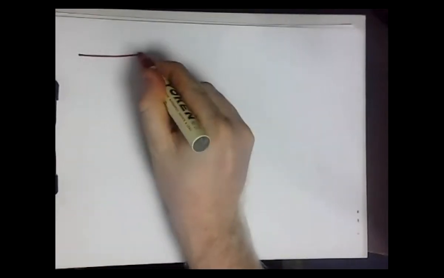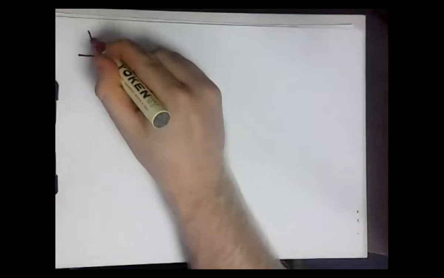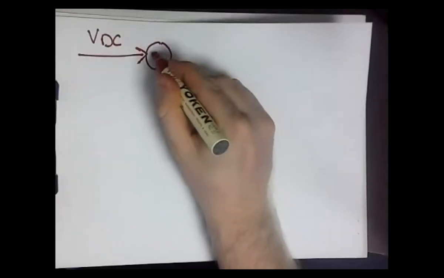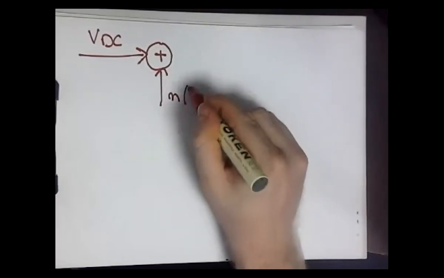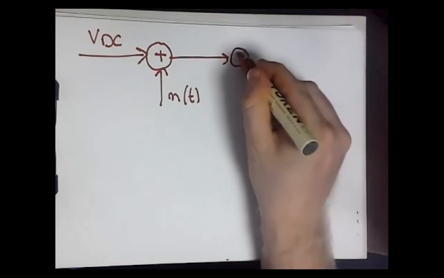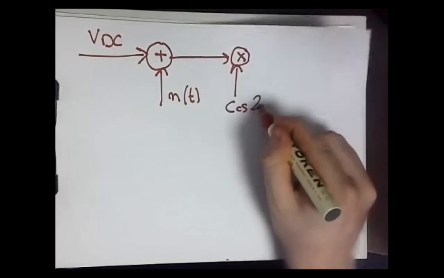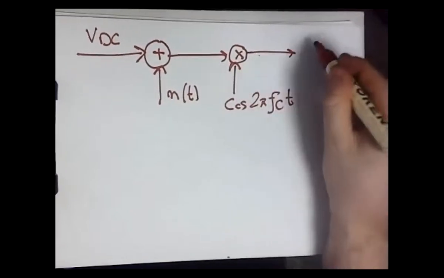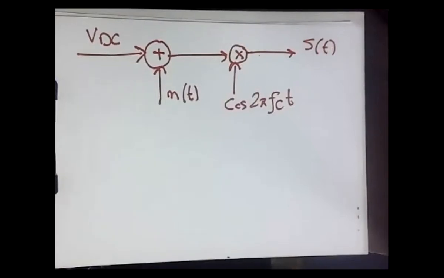We have some voltage called VDC applied on an adder. The other input is the message. Then we have an RF mixer with cosine 2 pi FCT. So this is basically the input block diagram.